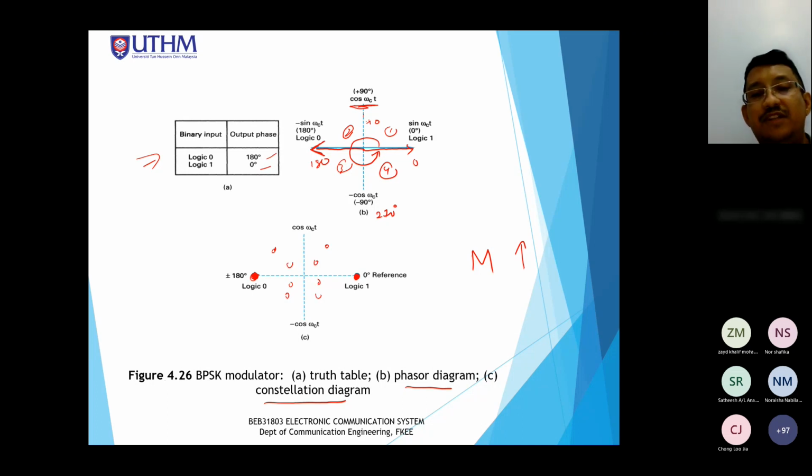So what's the important thing of this? The constellation diagram is to see the arrangement of the symbols. If the symbols are close to one another, the probability of bit error is going to be higher. But we need more symbols so that we can transmit at high data rate.